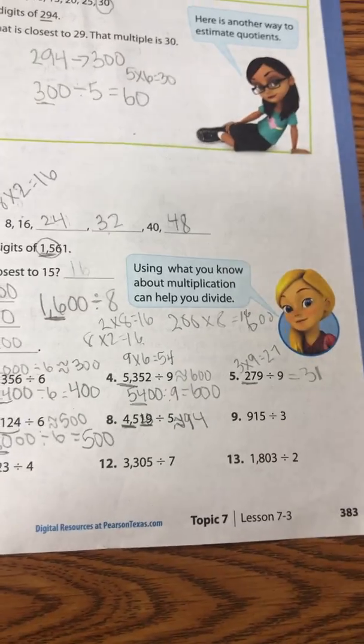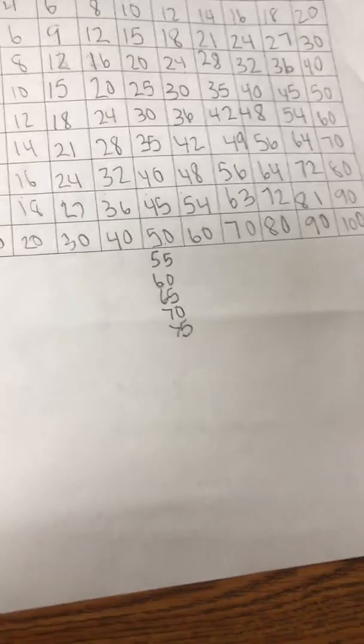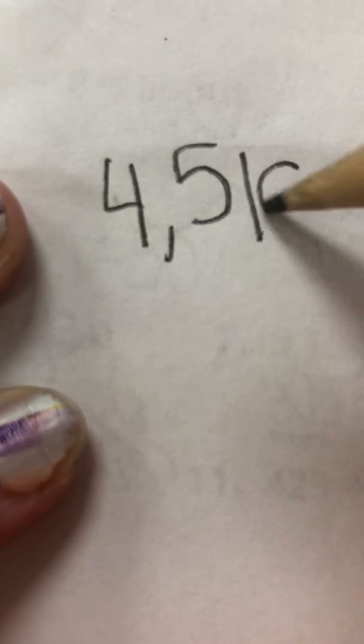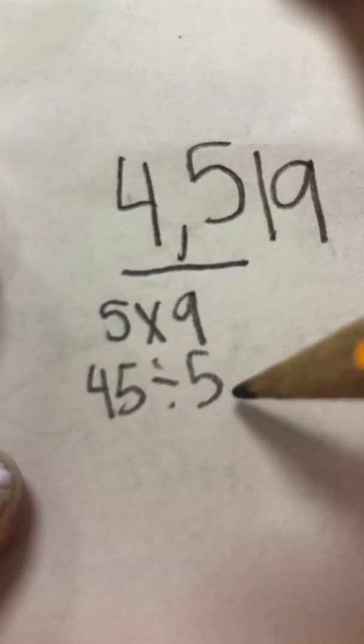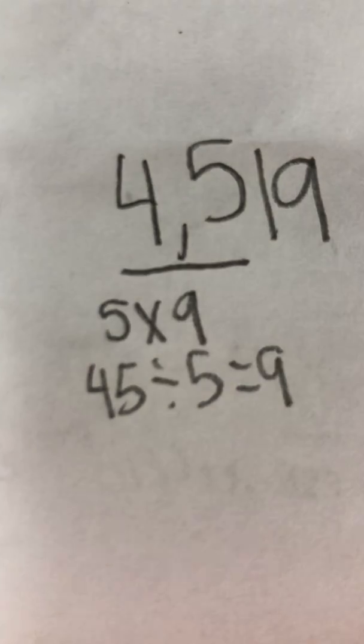I'm going to get another piece of paper to show you this again. Okay. 4,519. I'm going to look at these numbers individually. 45 is the same as 5 times 9. So 45 divided by 5 equals 9. Okay, these two digits right here.